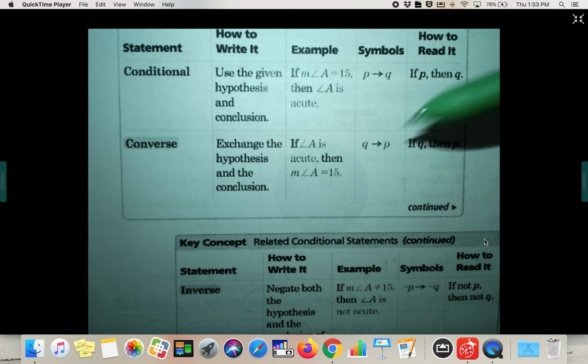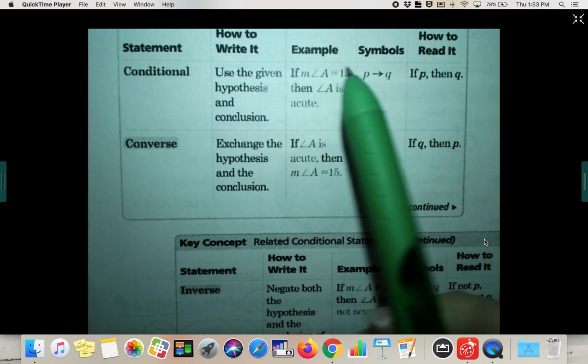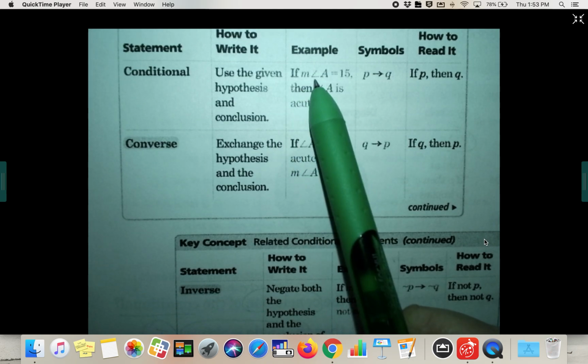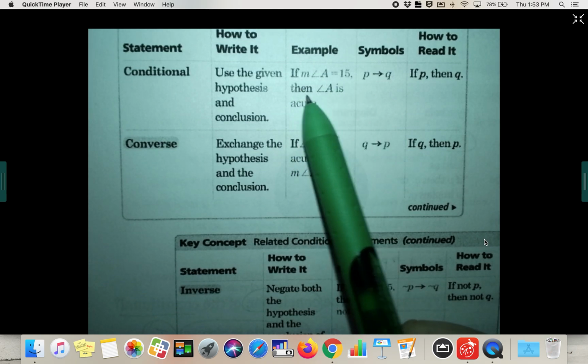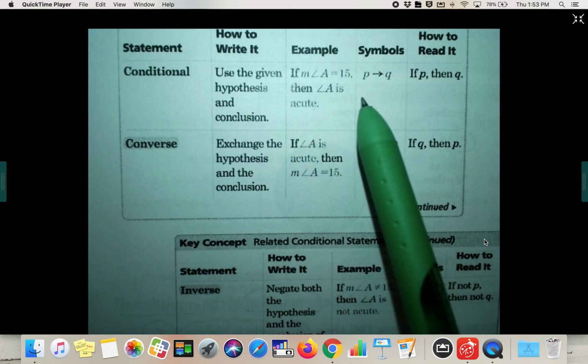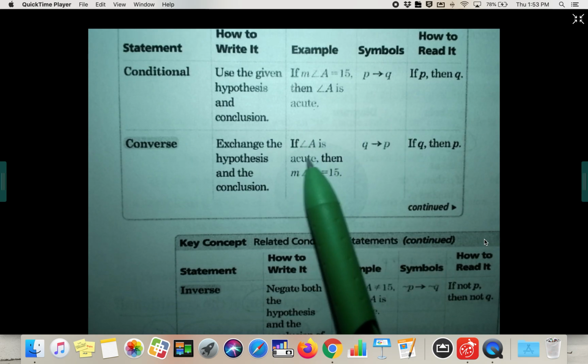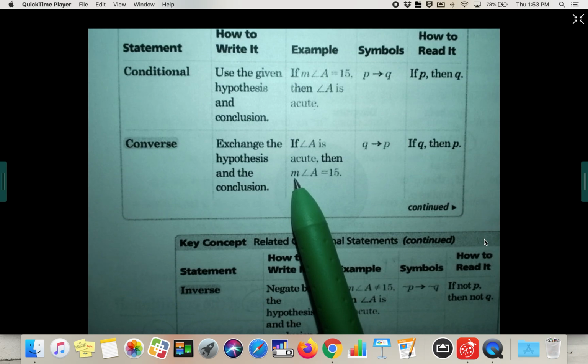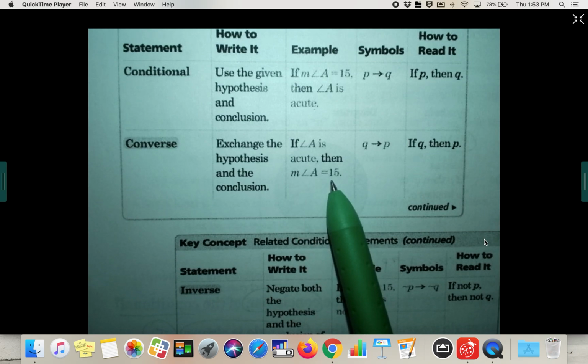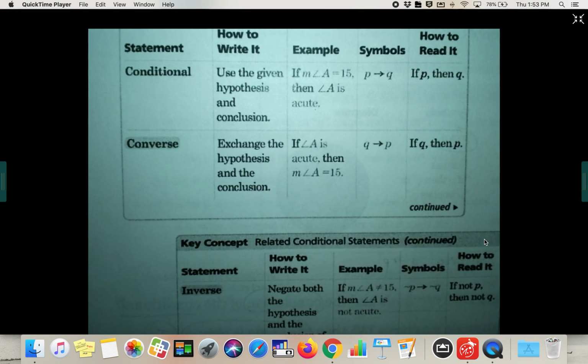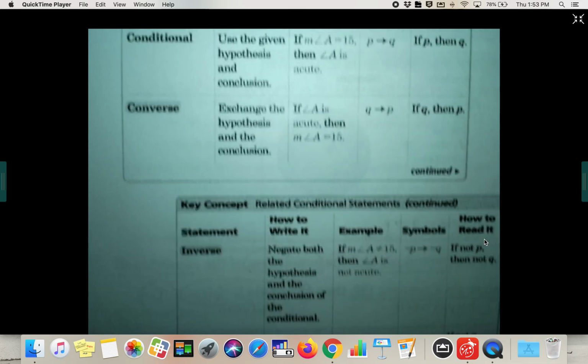If Q, then P. An example of a conditional is if the measure of angle A is 15, then angle A is acute. If you flip those and do the converse, if angle A is acute, then the measure of angle A equals 15. Sometimes they are both true, sometimes they are both false, and sometimes one is true and one is false, depending on how it is worded.